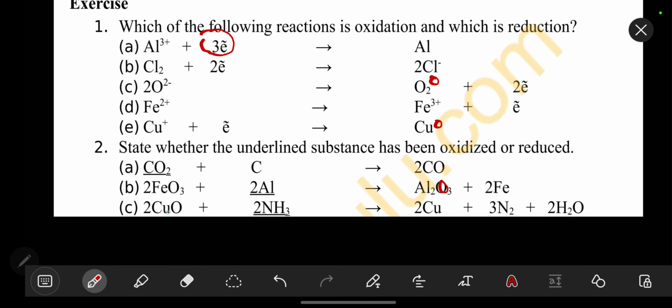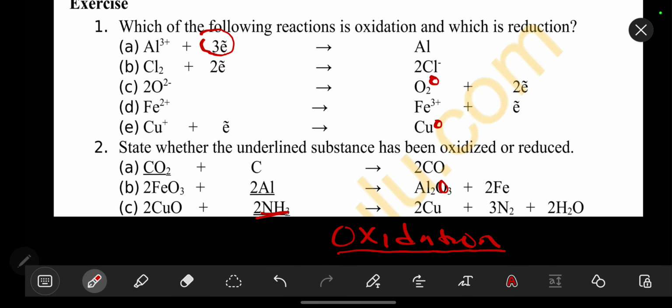When we look at copper, we also have ammonia and copper 2 oxide. As you can see, in ammonia, hydrogen has been removed, therefore we shall call it oxidation. So that is some of the ways we can identify whether it is oxidized or reduced.